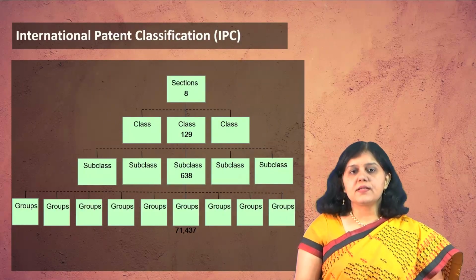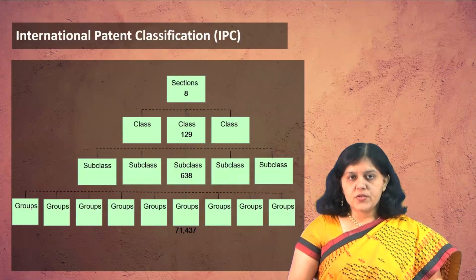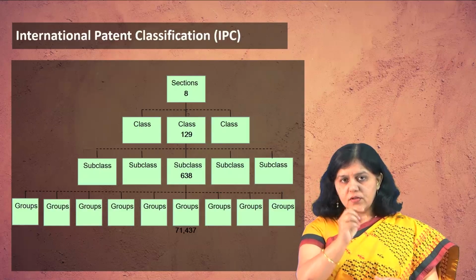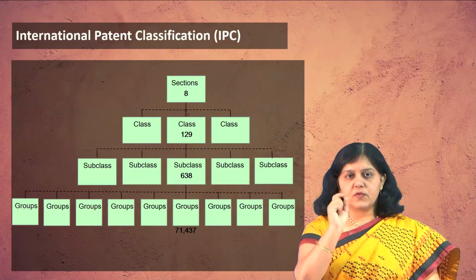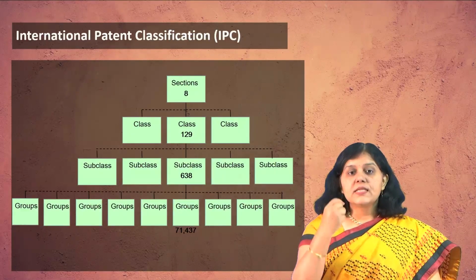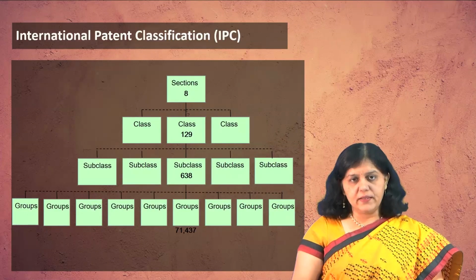Now, how is the subclass symbol presented? Each subclass consists of a class symbol followed by a capital letter. Just like a section starts with a single letter, the subclass is also a single capital letter.